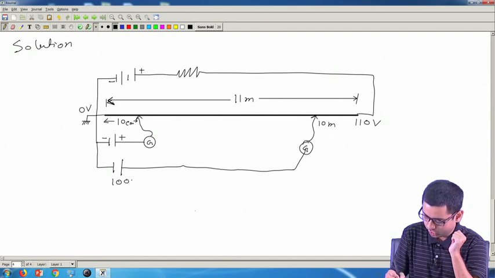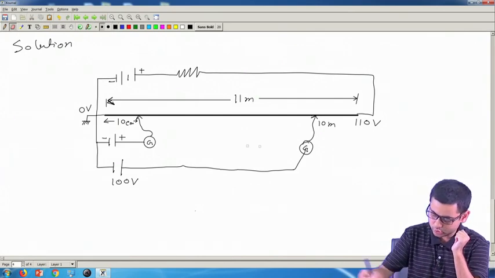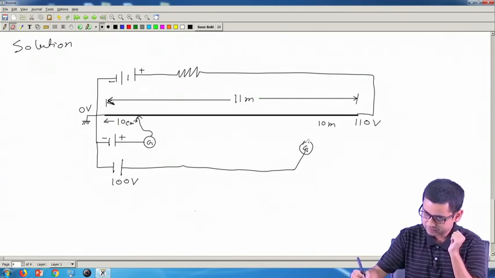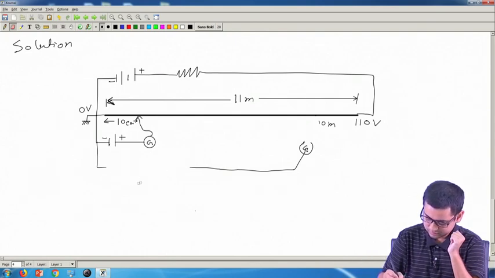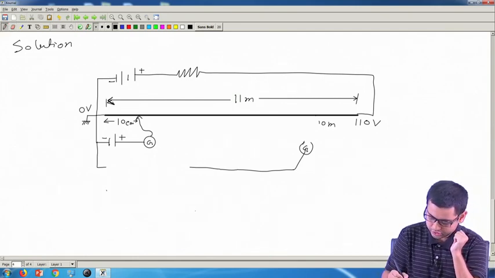If this is 1000 volt, instead of measuring this voltage directly with a potentiometer, we will use something called a potential divider.